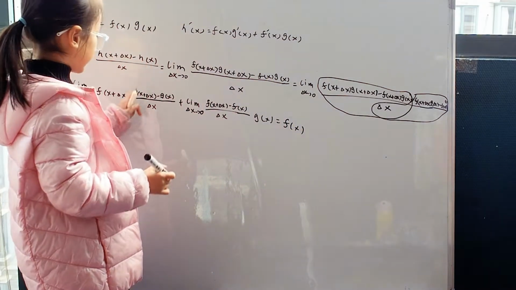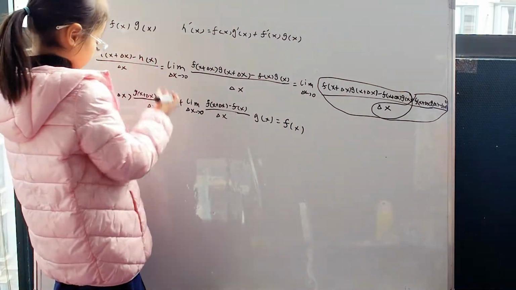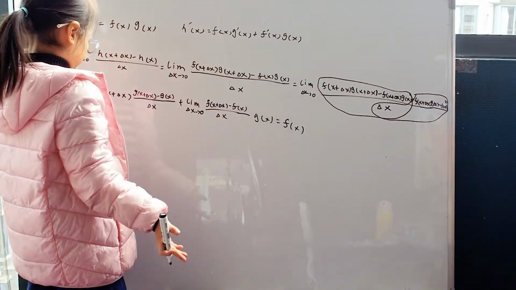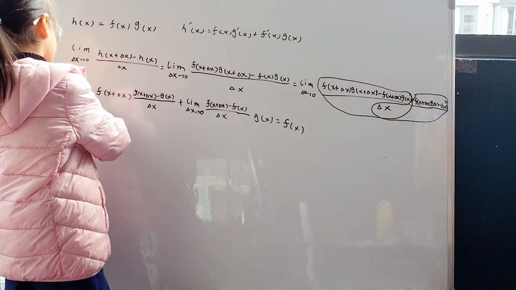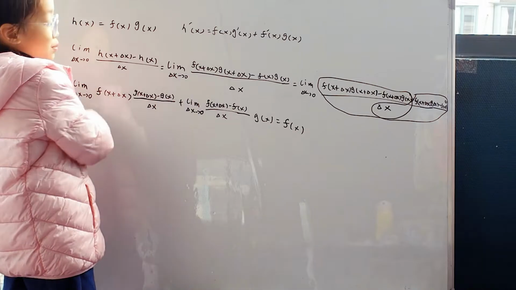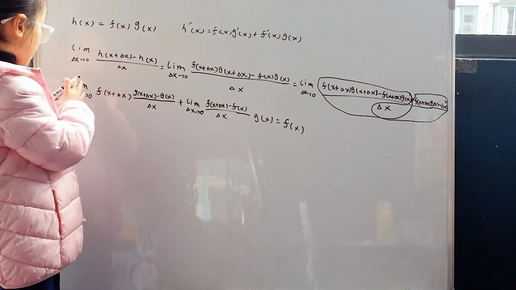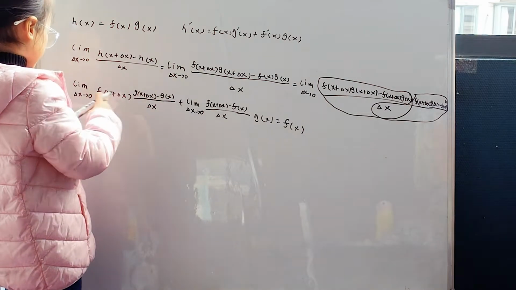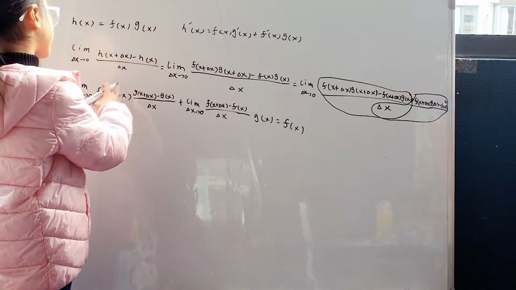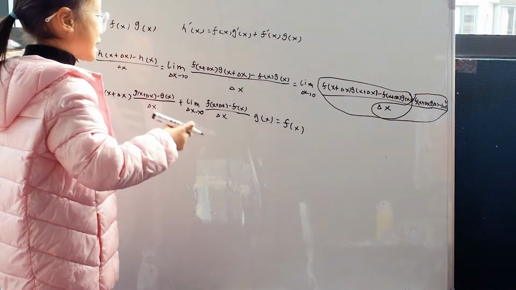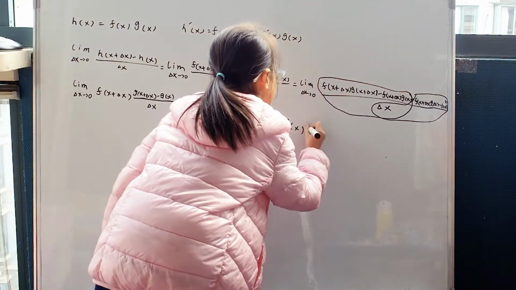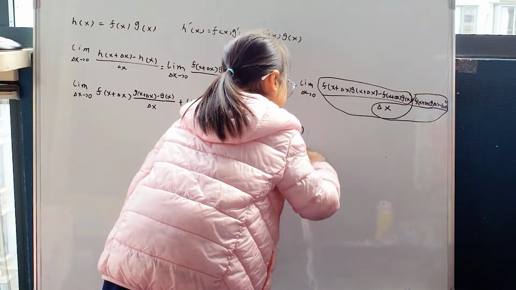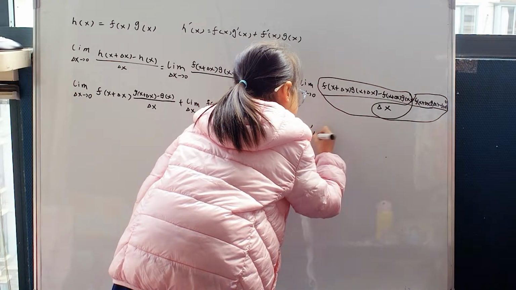Now, this part is another form: limit delta x approaching 0 of this part times limit of this part, which is the derivative of g(x).